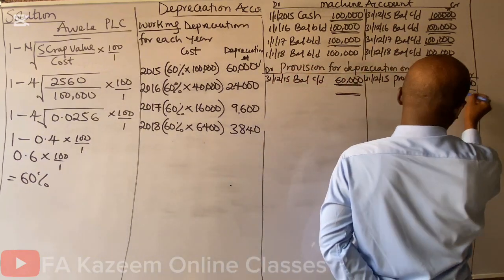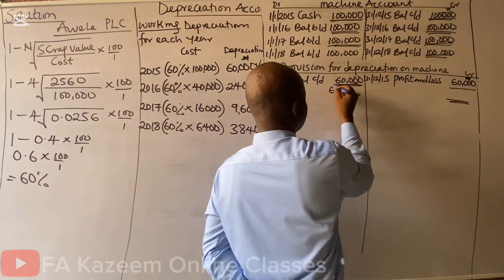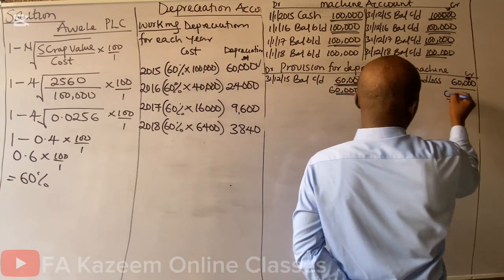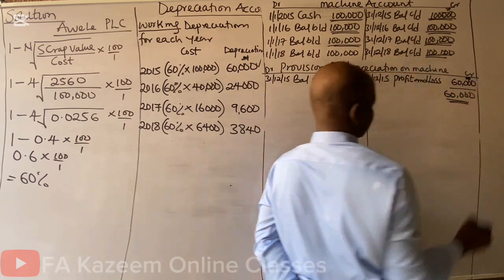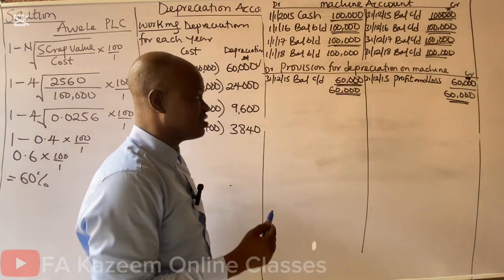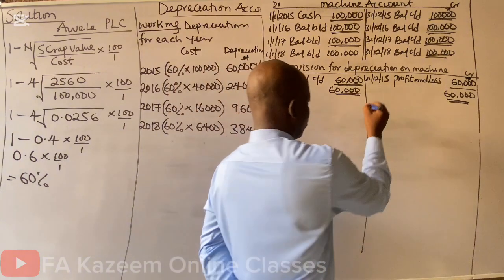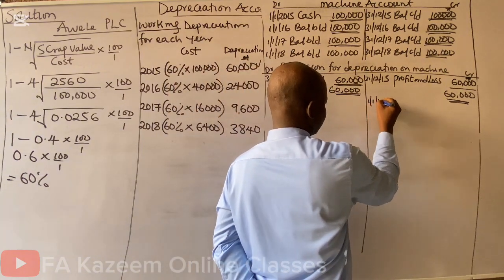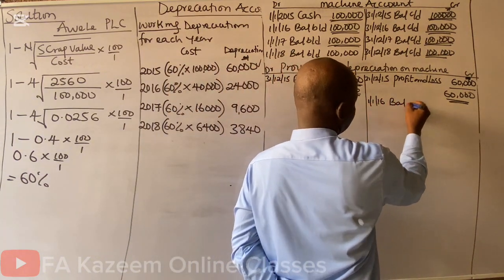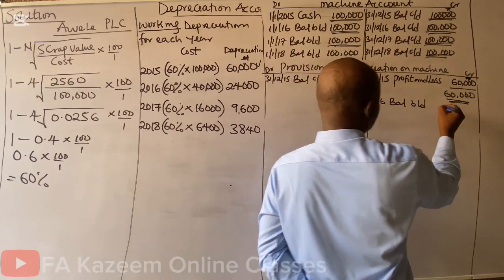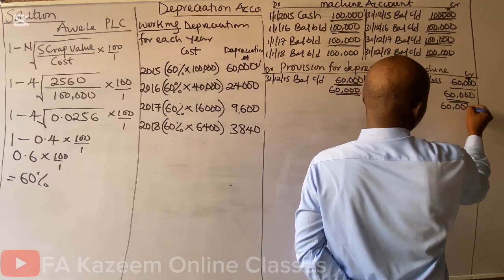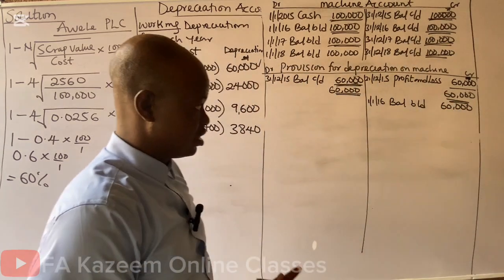Account close. For the purpose of setting aside for the following year, we say first 2016, we'll bring it down. Balance brought down 60,000 naira, which is the first year.